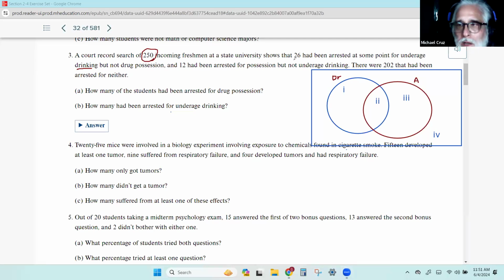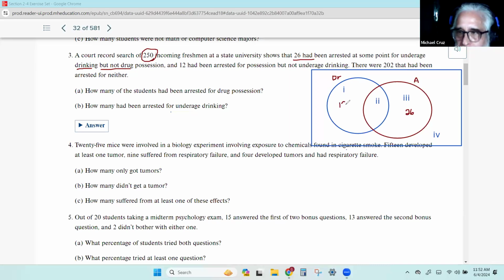26 had been arrested for underage drinking. So that means they're going to go in here in alcohol. And at some point, we've got to realize, but not drug possession. In other words, they are in the alcohol alone. 12 had been arrested for possession, but not underage drinking.